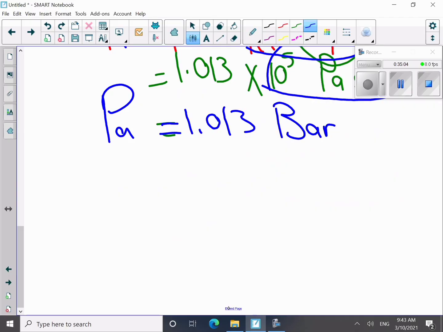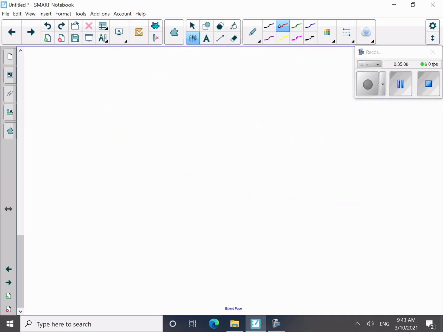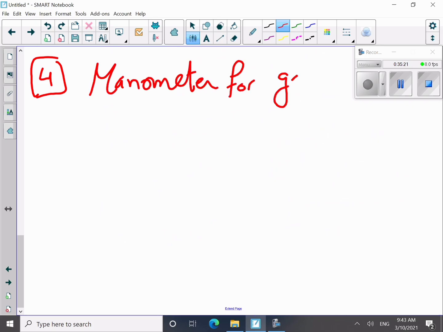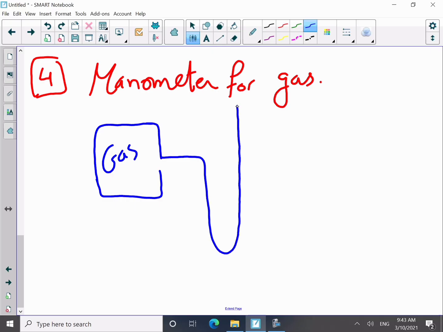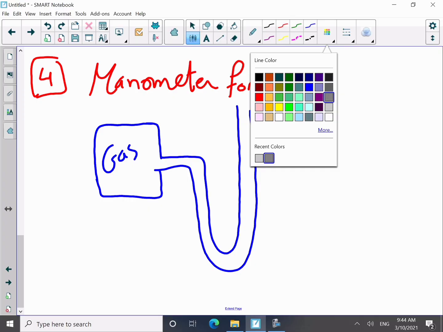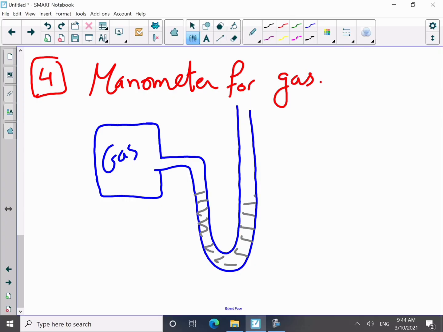Okay, the last point in the applications of the pressure, which is the fourth one, is the manometer for trapped gas. If we have a container which has a gas and connected with U-shaped tube, if the mercury in both sides exists at the same horizontal plane, so the pressure inside equals the pressure outside.